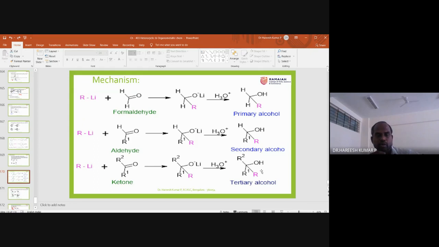This is about what happens when organolithium reacts with different kinds of carbonyl compounds, which may be formaldehyde, or acetaldehyde, or ketones. This is the reaction of organolithium with carbonyl compounds. So I will go to the next slide.